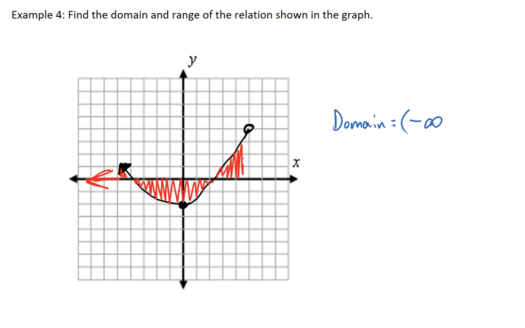Still got x values up here, and then this is an open circle. So that's at an x value of 5, but since it's an open circle, we'll use a parenthesis this time instead of the square bracket that we have been using. So that's the domain. That's all of the x values that are producing that graph.